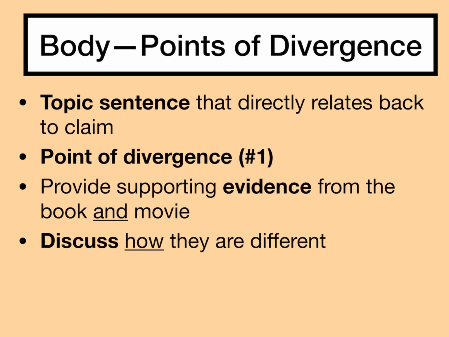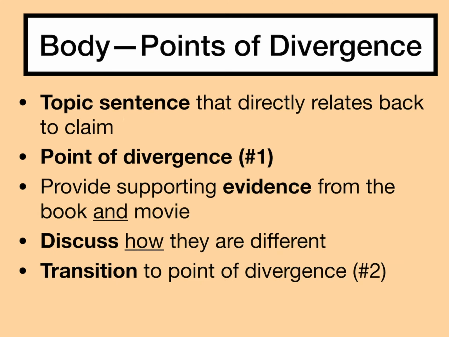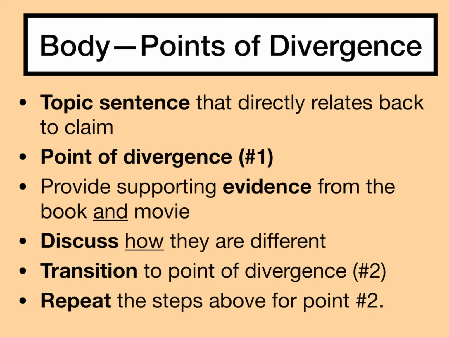Then you're going to discuss how specifically they are different. Maybe how did that affect your interpretation of the story? And then you're going to use a transition. Another way that they differ is, and then you're going to discuss another point of divergence and do the same thing. Provide evidence and discussion for that point number 2.